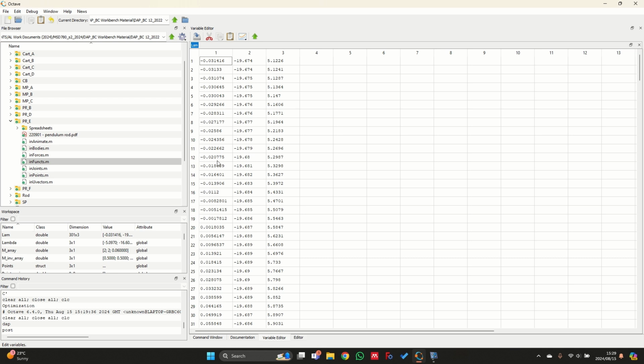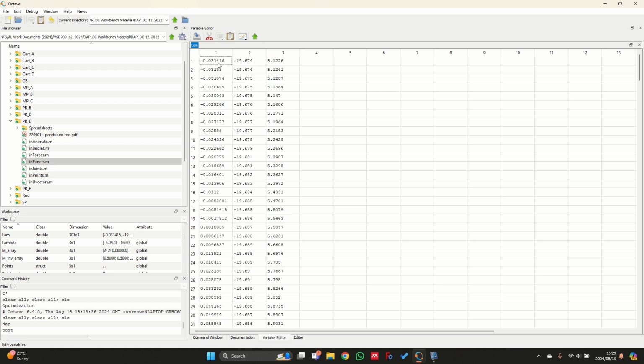And if I open up this one, we'll see that the form is a 301 by 3 matrix. The 301, of course, corresponds to the number of time steps that I have. And the 3 corresponds to all of the Lagrange multipliers or the reaction forces or moments that I have on the system.